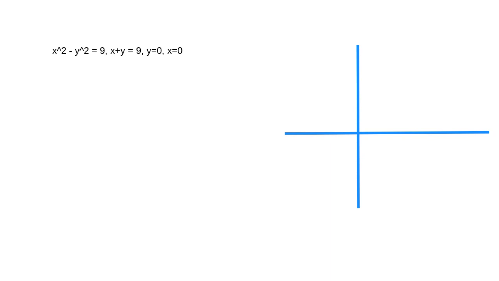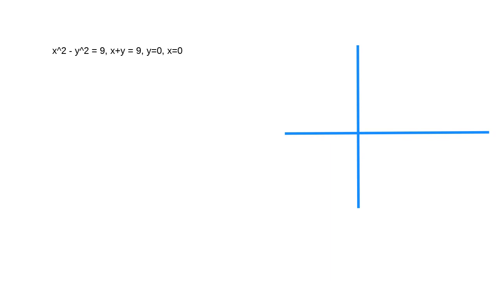X squared minus y squared. It's like a paraboloid. Okay, see here.